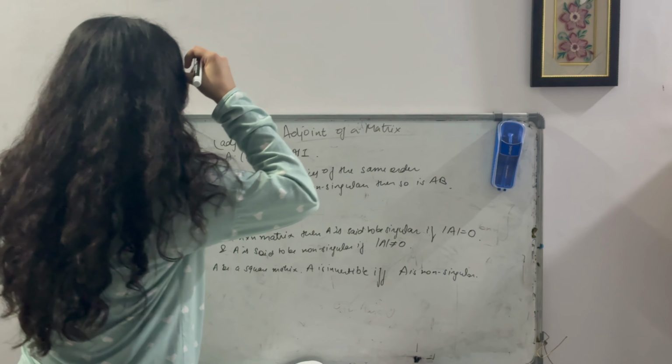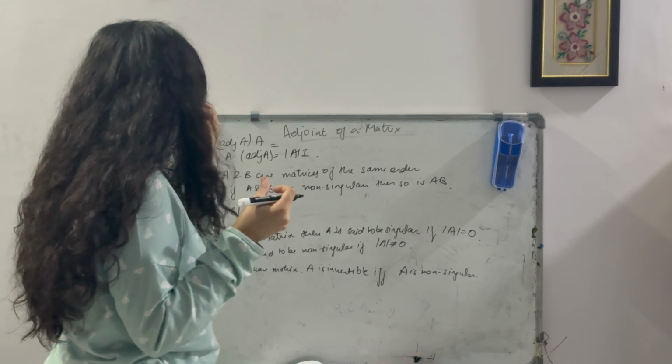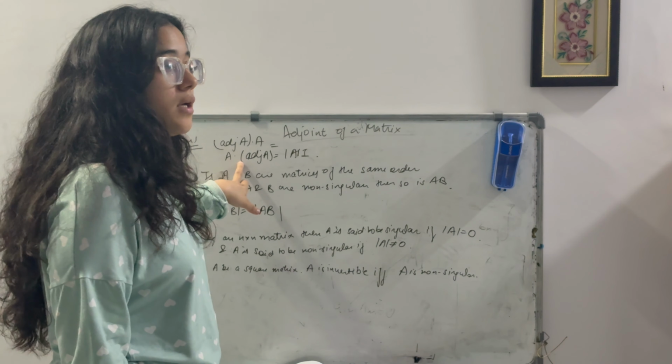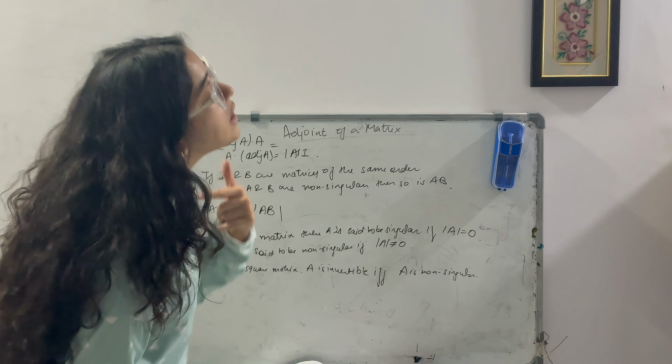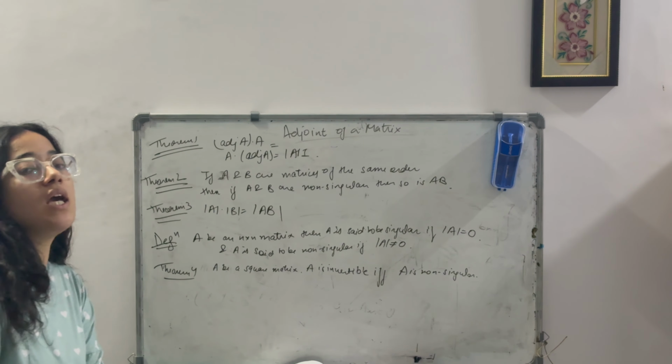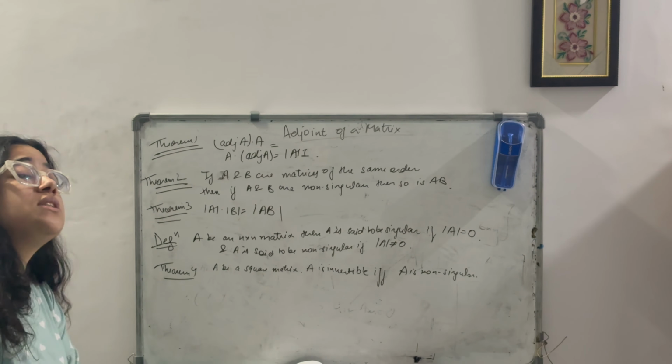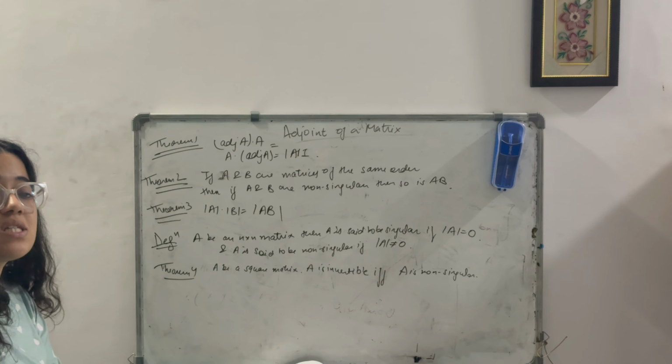So what does this mean? When I am talking about A being invertible, what does that mean? A will be invertible if and only if you find a matrix B such that A into B is equal to identity.